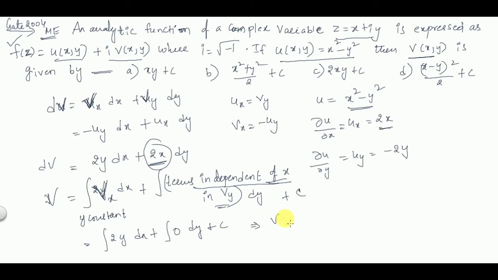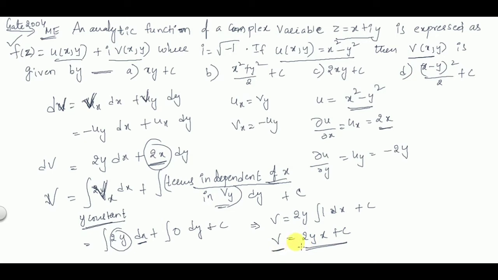So v is equal to, 2y is a constant because integration is with respect to x; 2 is a constant and y is also a constant. So that is what we have written here, y is constant. So if you take 2y outside, it will be 1 dx plus c. So v is equal to 2y into integral of 1 dx, which is x, plus c. So the answer is 2xy plus c.